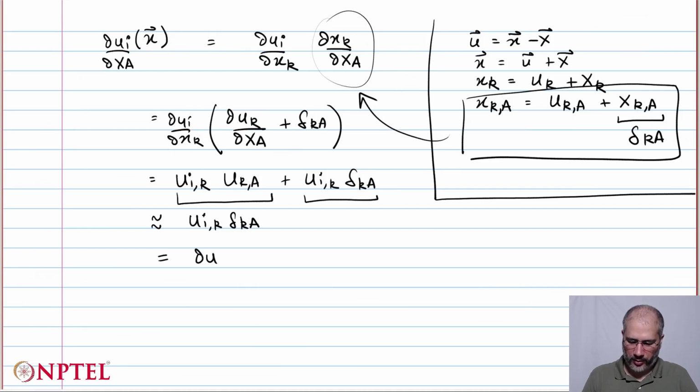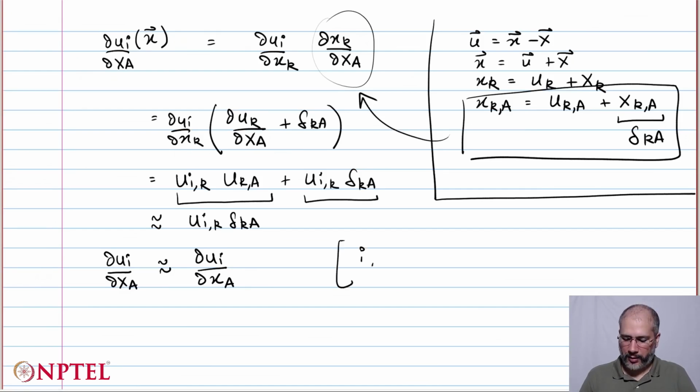which can be written as del u_i by del small x. We had a k earlier, but now there's a delta_kA, so this becomes del small x_A. I'll write the left hand side as well. This was del u_i by del capital X_A. And there's an approximately equal to sign here because we neglected the second order terms. And again, remember that i and A are simply indices, so they take values 1, 2, and 3.